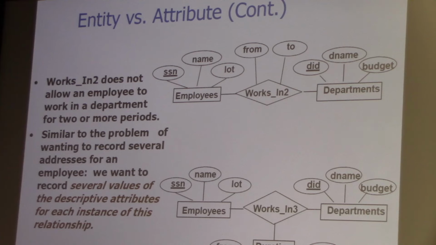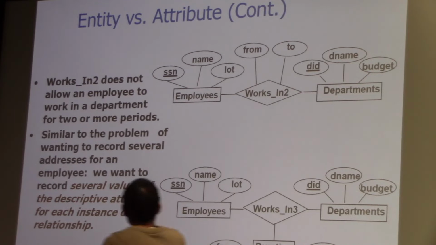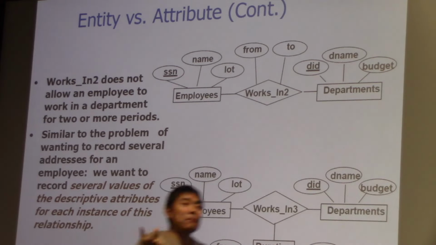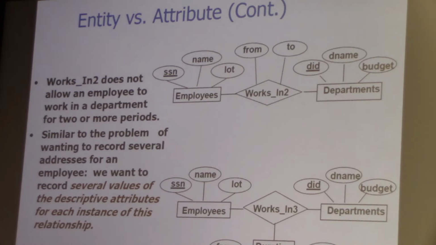Okay? If you look at your employee, this really is data dependent, right? If, let's assume we're in Salt Lake City, then it makes more sense to model address as an attribute of employee. Why? Because I would expect most employees have a unique address. People typically live in an apartment building here.